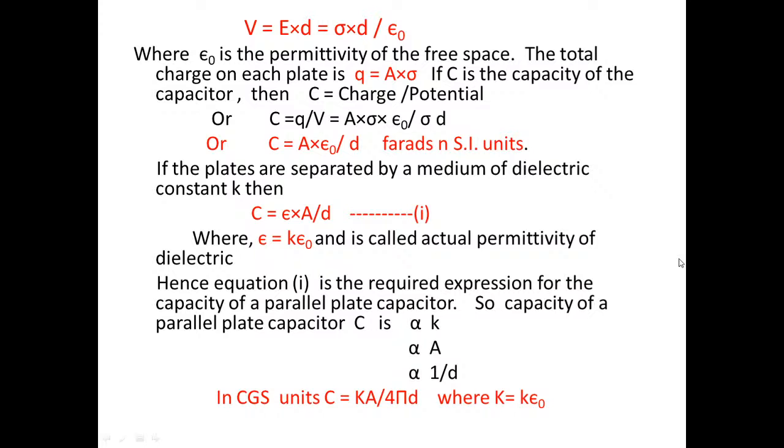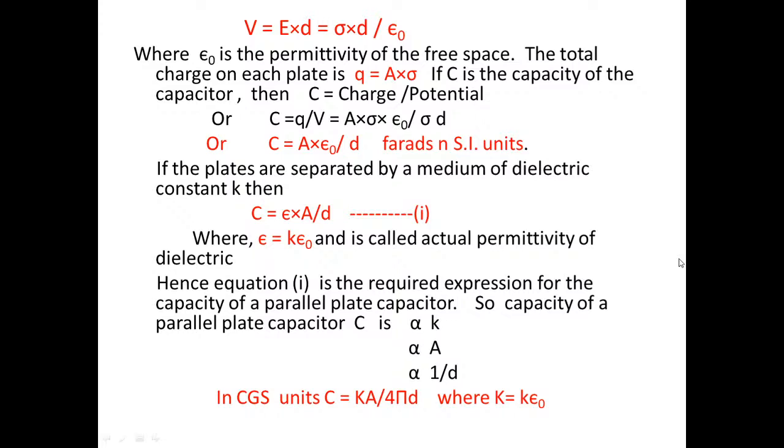In CGS units, the capacity C is equal to K A upon 4 pi D, where capital K is equal to K times epsilon naught. Here small k is the dielectric constant. Okay.